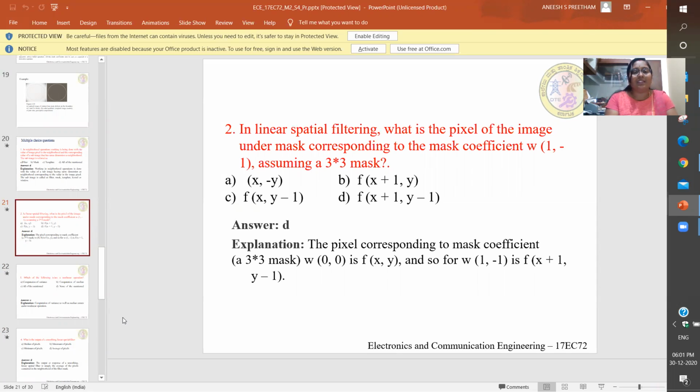So answer is D, because the pixel corresponding to mask coefficient in a 3 by 3 mask. So that is W of 0 comma 0 is f of x comma y, and so for 1 minus 1 it's f of x plus 1 and y minus 1.